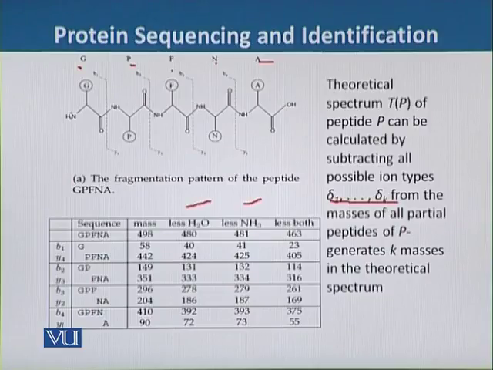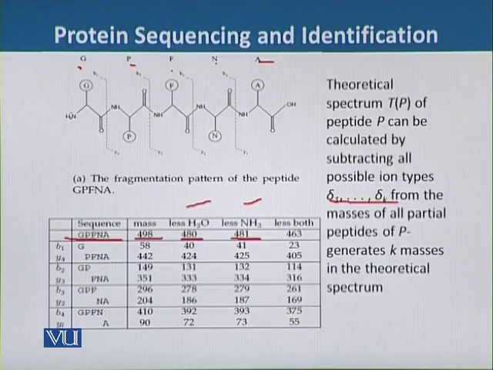We can see that the mass of this peptide is 498, and we know that the mass of water is 18. If we subtract 18 from 498, it comes out to be 480. Similarly, the mass of ammonia is 17, and if we subtract 17 from 498, it comes out to be 481.